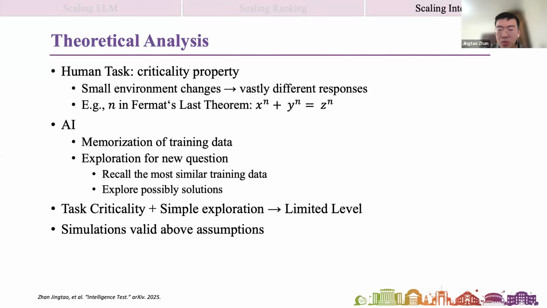Given these two assumptions, it will be stuck at the limited level. And if we want to achieve an autonomous level through scaling, it requires unimaginable cost. So this is our theoretical analysis, and more details can be found in our paper.